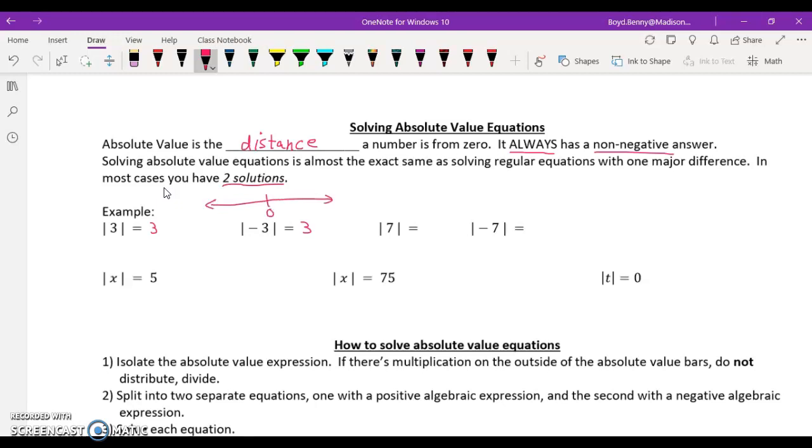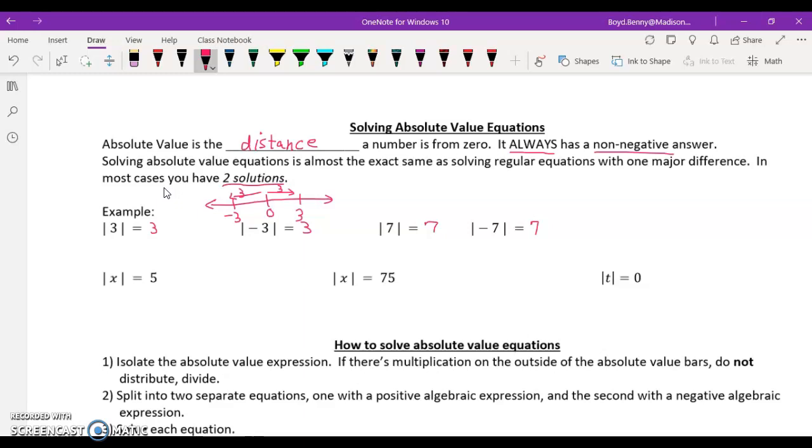We take a look at 0, and where is 3? Where is -3? Well, they're both 3 spaces away from 0. Notice the answer is positive on both of these. Likewise, if we take the absolute value of 7, it's 7 units from 0, and -7 is also 7 units from 0.